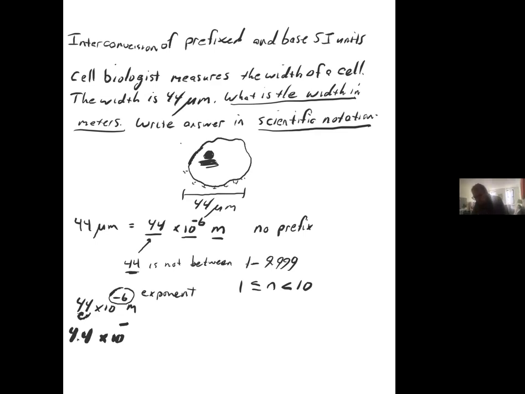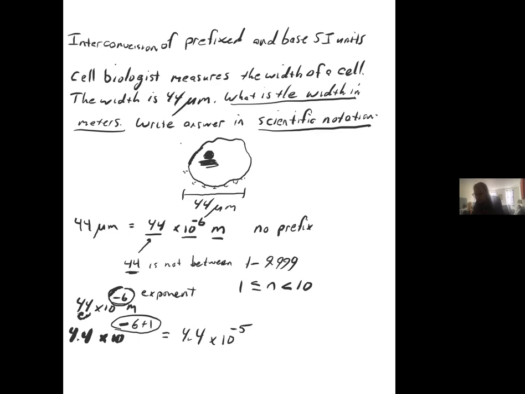So here's how we do it. We're going to move the decimal point one place to the left, and then I'm going to increase the minus 6 by 1. I'm just going to add 1 to it. Minus 6 plus 1 is minus 5. And then don't forget the meters.